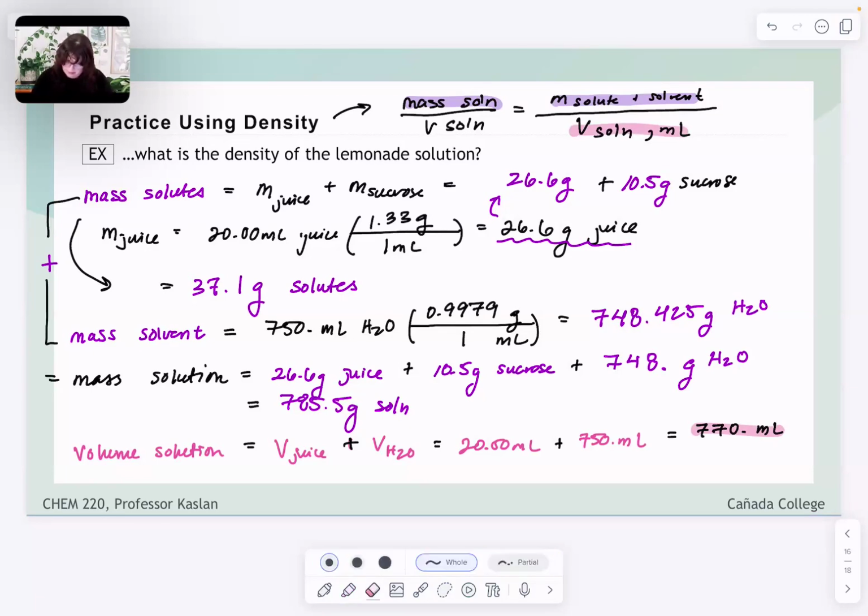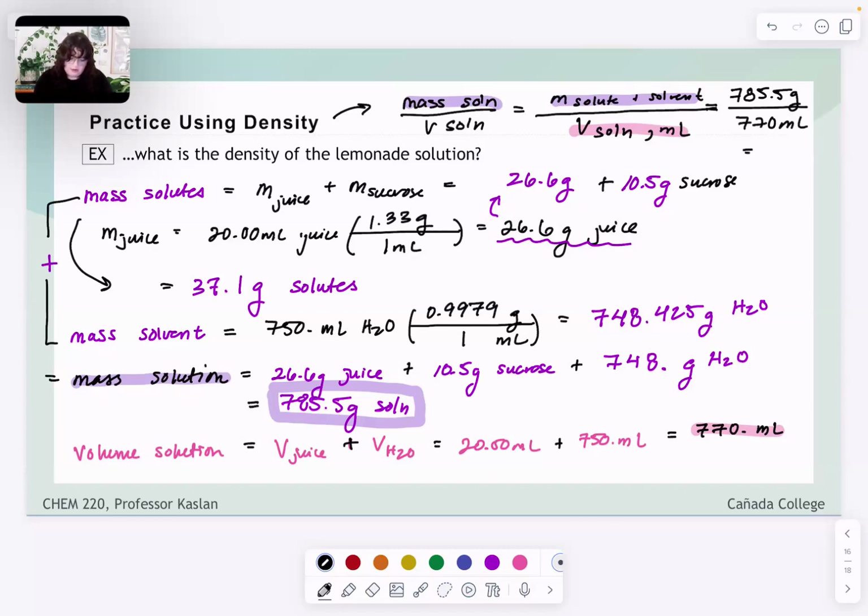And now let's find a little spot to figure out our density, because now we have mass and volume. So here is our solution mass right here, and now we have our solution volume. So this is equal to 785.5 grams over 770 milliliters.